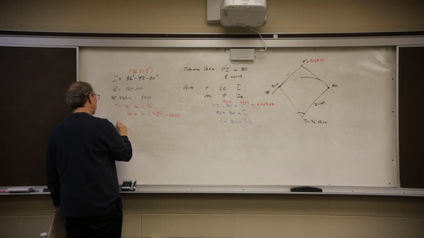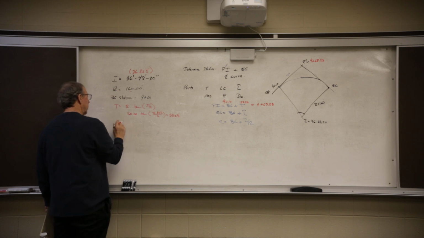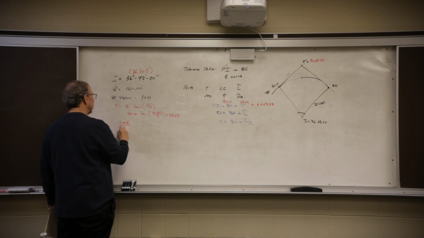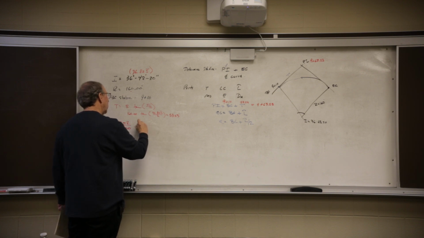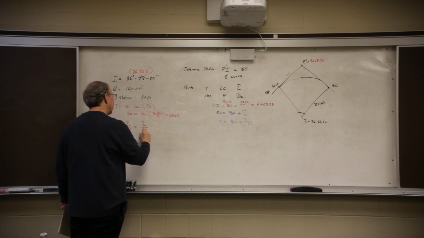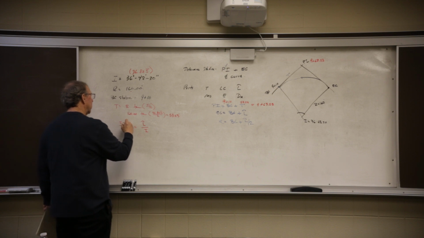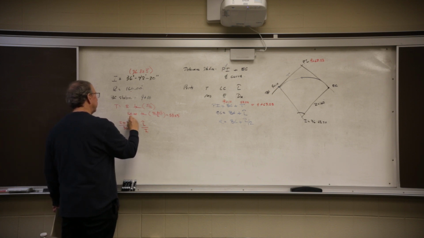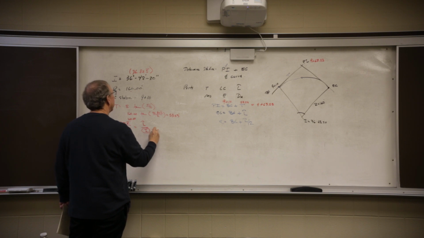So let's go to length of curve. Hopefully you remember this equation: 2 pi R is to 360 as L is to I. So R is 160 again, and I is 36.80 and a bunch of 5s.